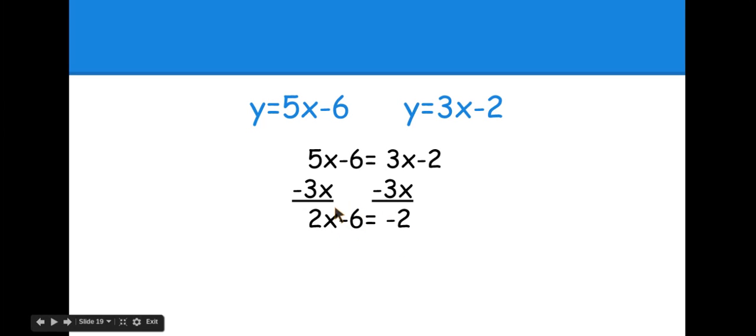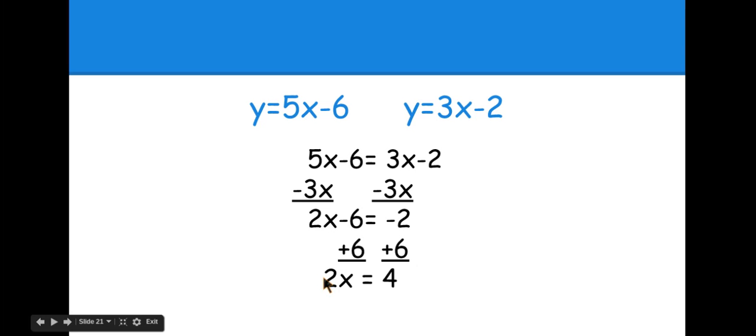Now we want to get this 6 over to the right side so we can work on getting x by itself. So since we have a negative 6, we are going to add 6 to both sides. Negative 2 plus 6 is 4. And this negative 6 plus 6 is going to cancel out, and we get 0, so we don't even need to write it.